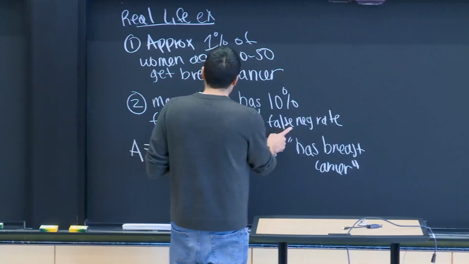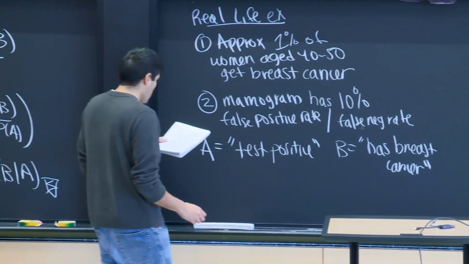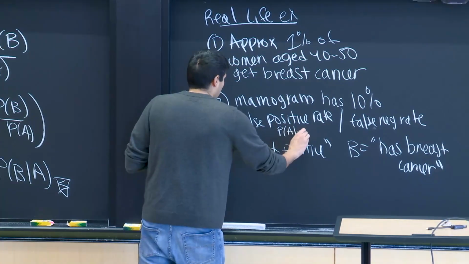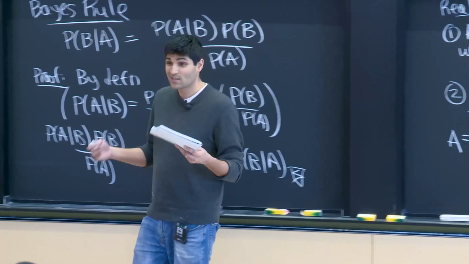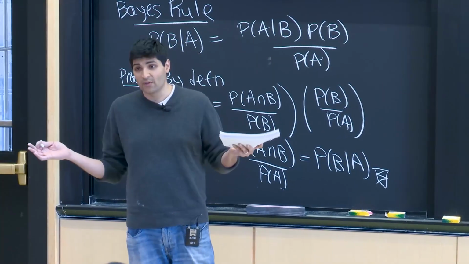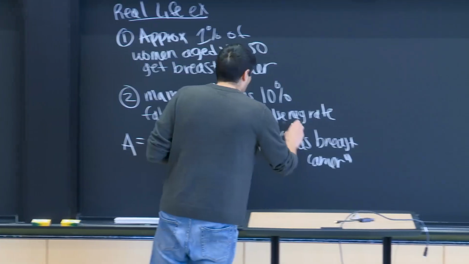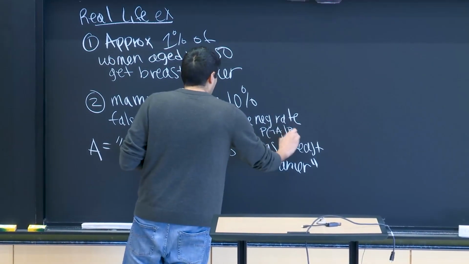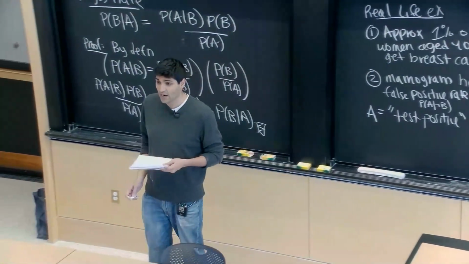So just to be clear, what do I mean by the false positive rate? This would be the probability of A given not B. So this is the chance the test says positive even though you don't have it. And we can also look at the false negative rate, which is the probability of not A given B. So you actually do have the condition, but the test doesn't pick it up.